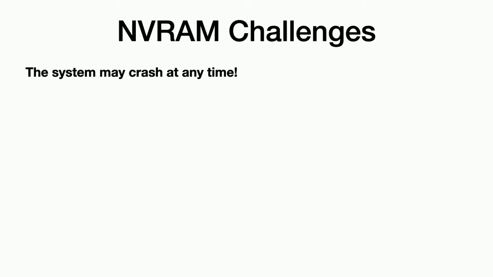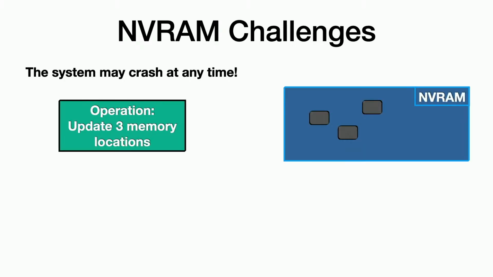So we know that we can't predict when the system will crash. Now let's imagine that I replace my DRAM with NVRAM, and I'm running some operation that I had on my normal DRAM machine, and I didn't think twice about changing it for NVRAM. And my operation wanted to update 3 memory locations. Let's say that you weren't allowed to see the memory when only part of that is done. So I want that to be atomic or inside a lock or something. So it could be the case that I go through and I update 2 of them, and then my system crashes.